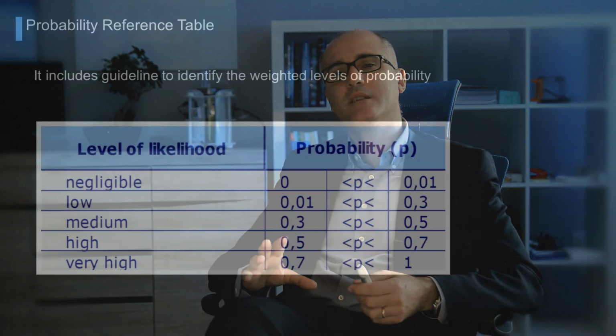We want to understand if it's between 10 and 40%. For this reason, we built at the beginning, and we put inside the risk management plan, some reference tables.